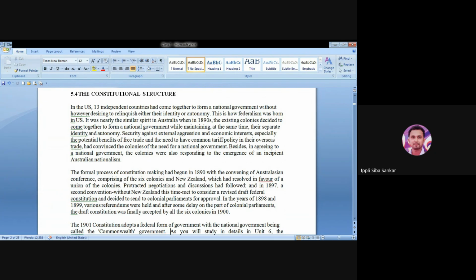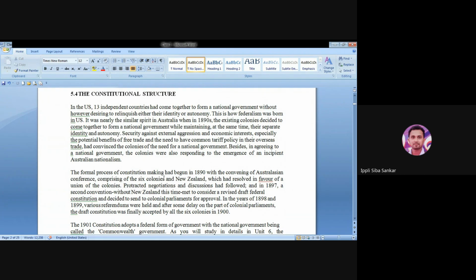So these colonies decided to cooperate with each other and share their power and energy, and this can be possible through integration to make a national government where each and every colony will share their power and energy, as well as establish a strong relationship.